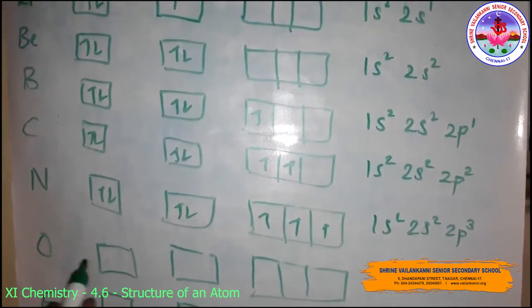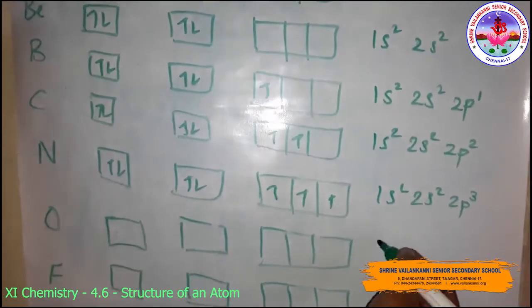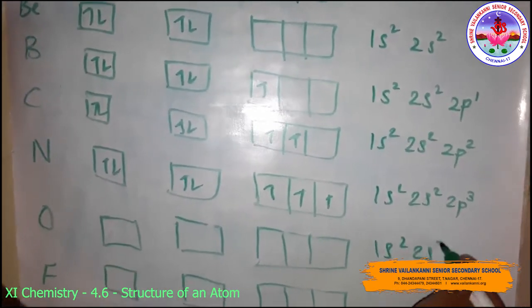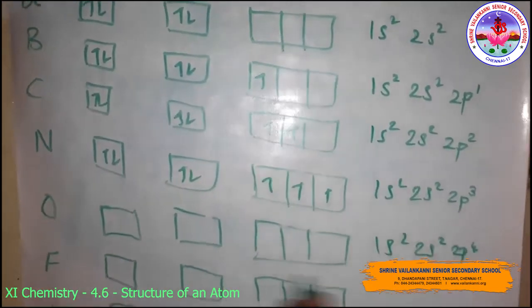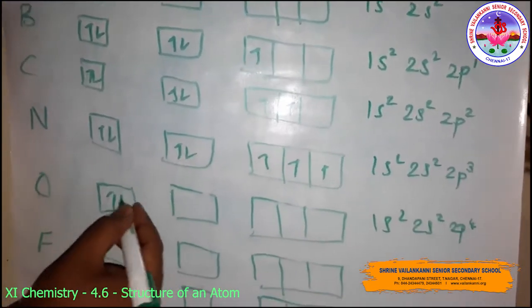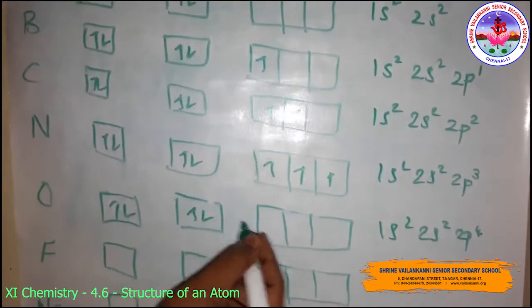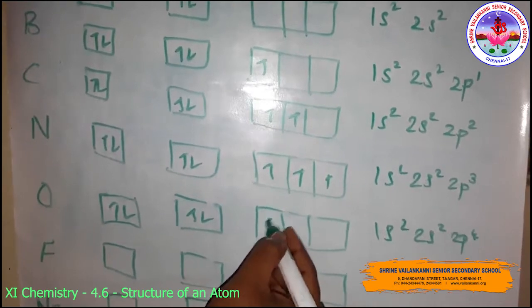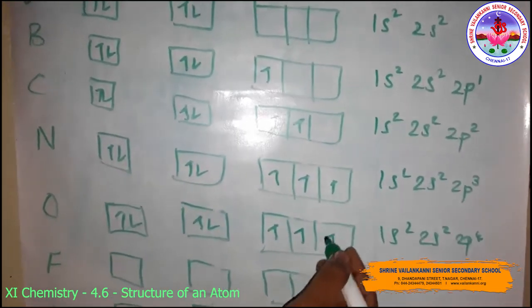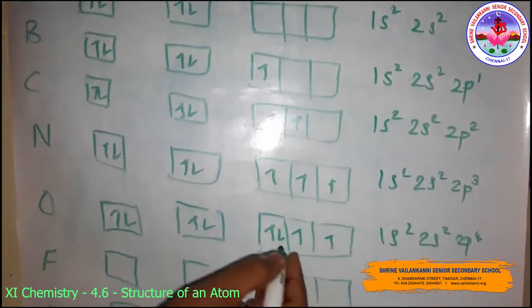Then oxygen is 8, 1s2, 2s2, 2p4. So oxygen having filling like this, 1s 2 electrons, 2s 2 electrons, 2p 1, 2, 3, then the fourth electron enters here.